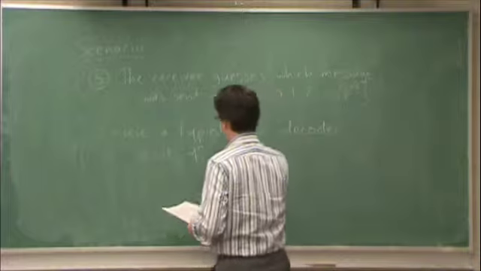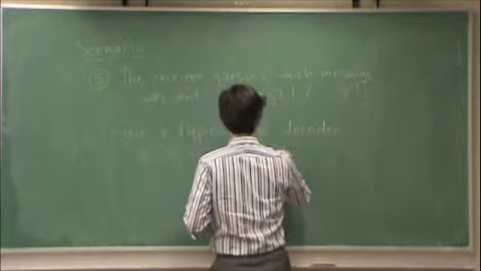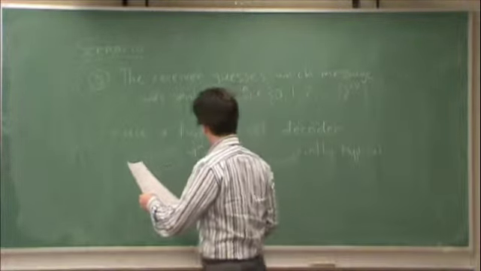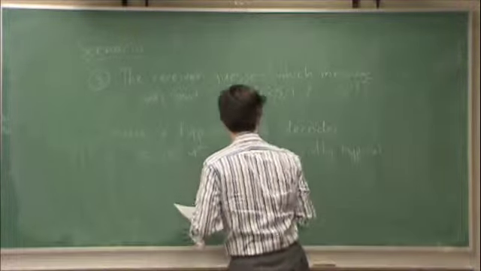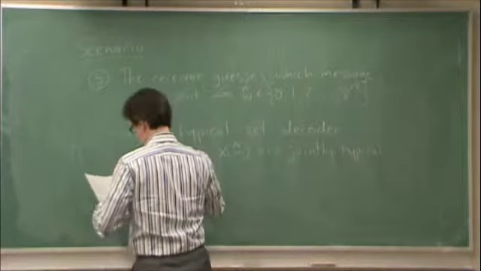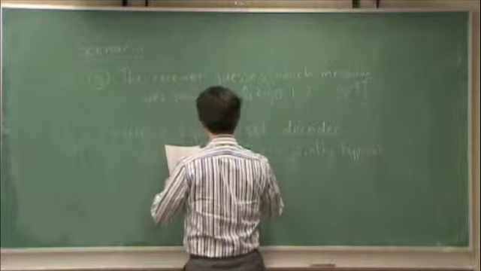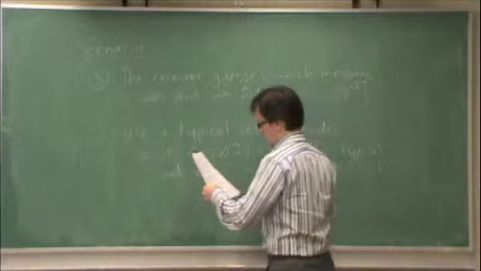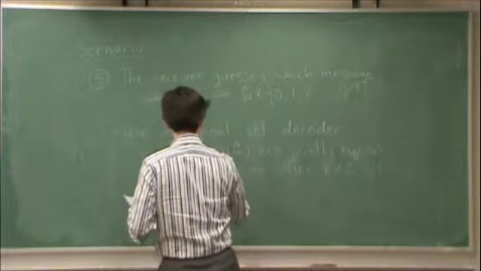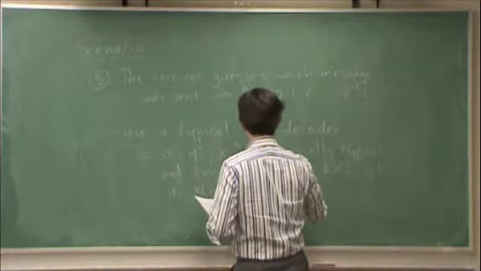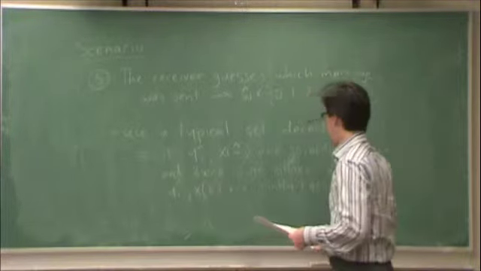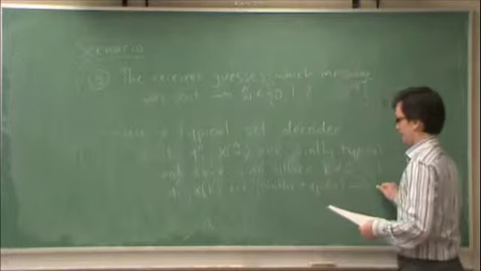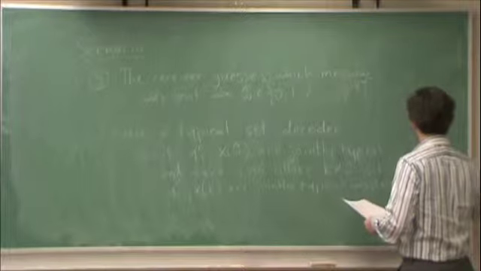If y, the received vector y from 1 to n, and x at w hat are jointly typical, and there is no other k not equal to w hat such that y1 to n and x k are jointly typical, then the decoder returns w hat.